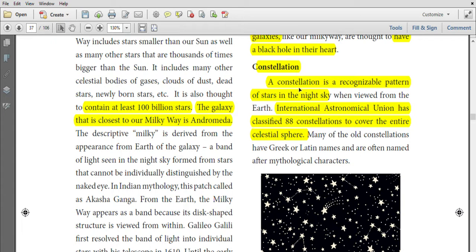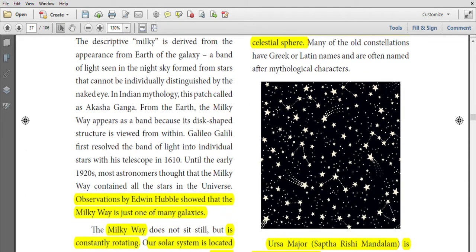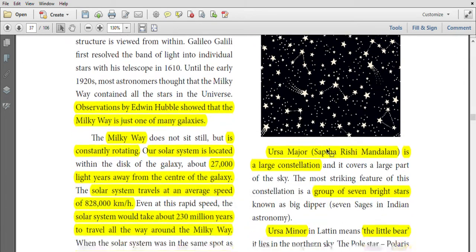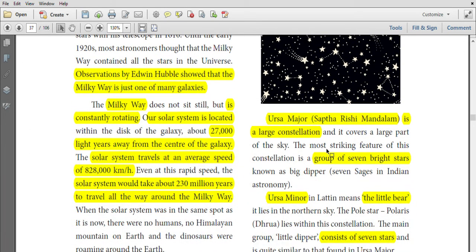Constellation. What is a constellation? A constellation is a pattern of stars in the night sky. The International Astronomical Union has classified 88 constellations. Ursa Major is a large constellation.